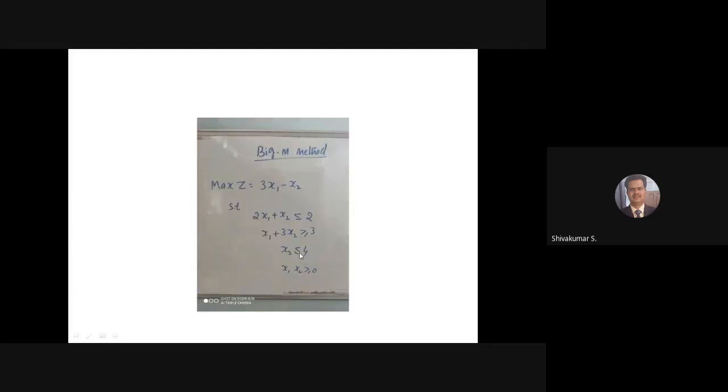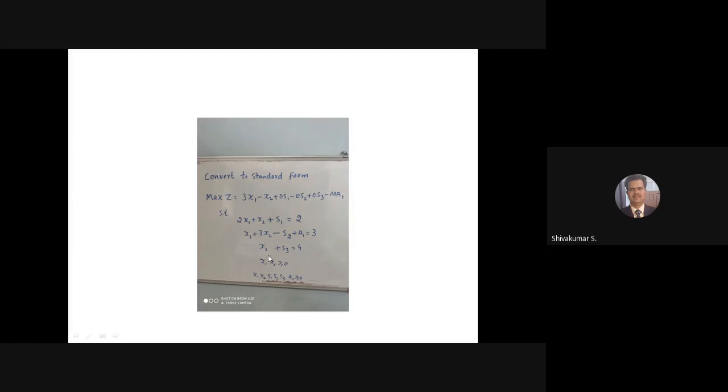Third equation, less than sign, so x2 plus s3 is equal to 4. For less than sign, slack variable. For greater than sign, you introduce two variables: minus s, the surplus variable, and plus one more variable called artificial variable.